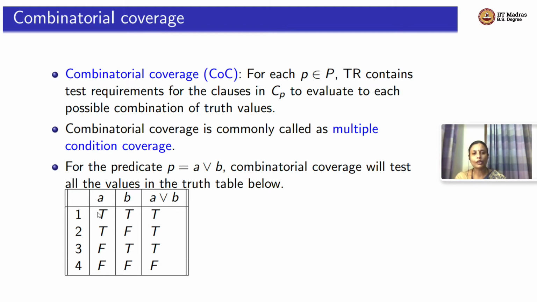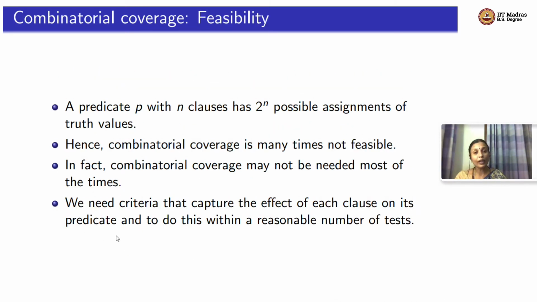So I'm repeating the truth table for OR, which we have seen several times. Here, there are four different possible combinations because there are two clauses, two to the power two, four different combinations. That's what is listed in the four rows. So my test requirement says test it for all the four combinations. This seems doable for small predicates like this, but it's difficult to scale up for larger predicates.